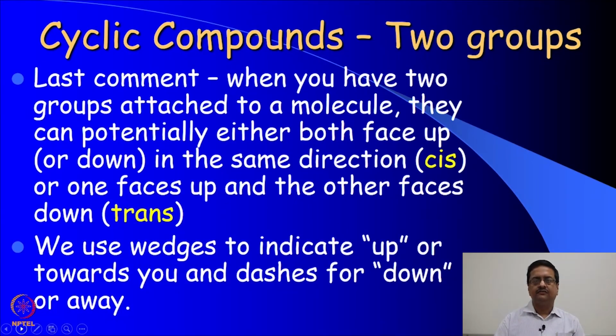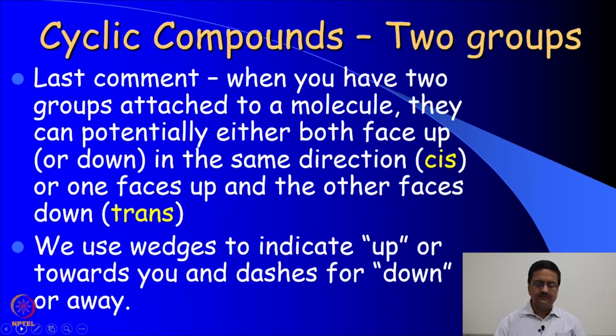Now, a cyclic compound is a ring molecule, and it is possible that the substitutions that are present on 2 carbon atoms can both be up, or one can be up and the other one down. So, when 2 alkyl chains or 2 groups attached to a cyclic compound are spatially oriented in different ways, either both pointed upwards, or one pointed upwards and the other pointed downwards, we should identify those as two different molecules.